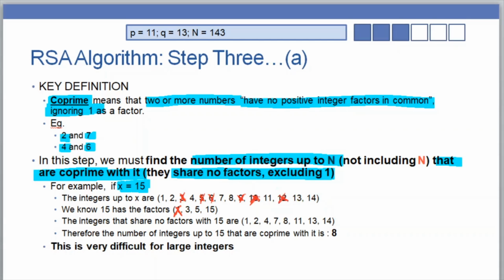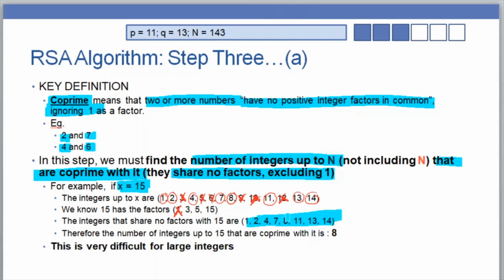So this now leaves us with the following numbers being coprime with 15. So that is 1, 2, 4, 7, 8, 11, 13, and 14. And we have also listed these down below here.